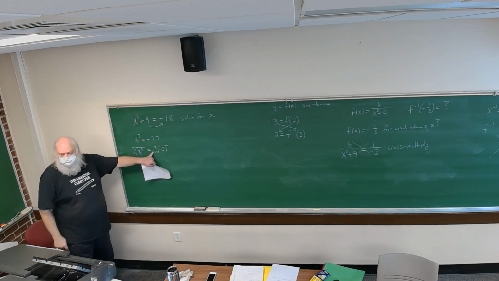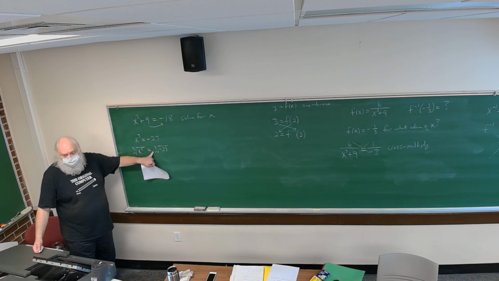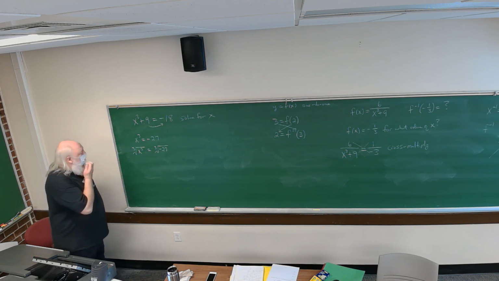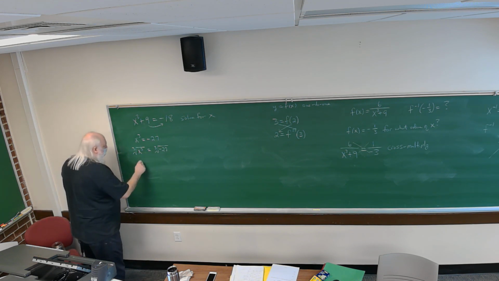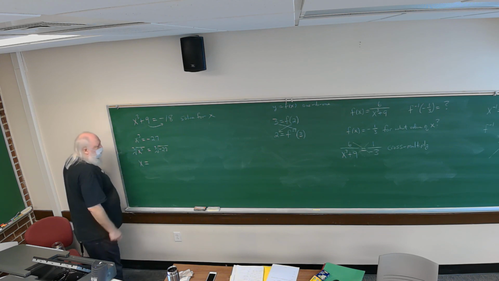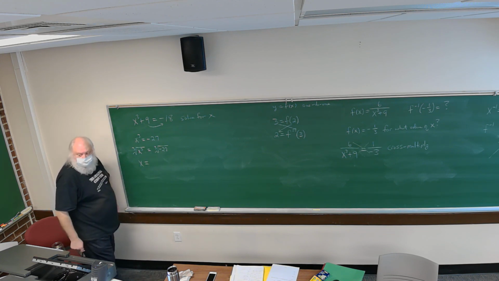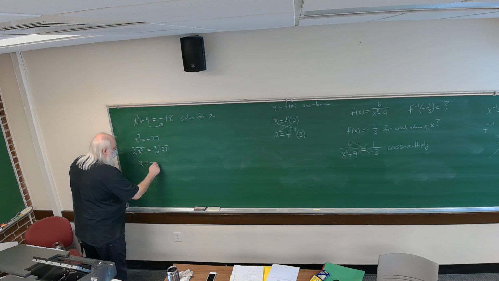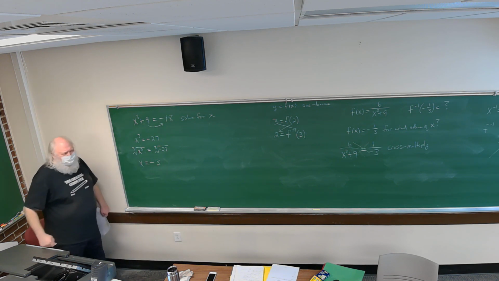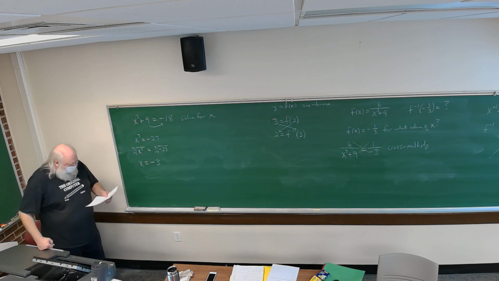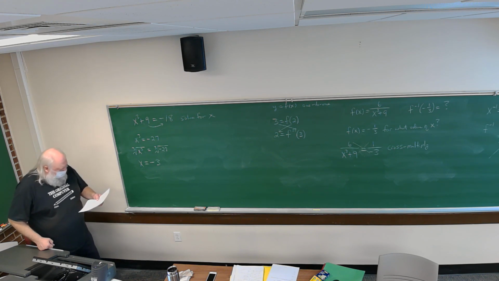Do I put plus or minus in front of the cube root? No, because it's odd. When do we put it in front of the radical? When the root is even. Okay? So we're left with x on the left is equal to what on the right? Yeah, negative 3. So x is equal to negative 3.